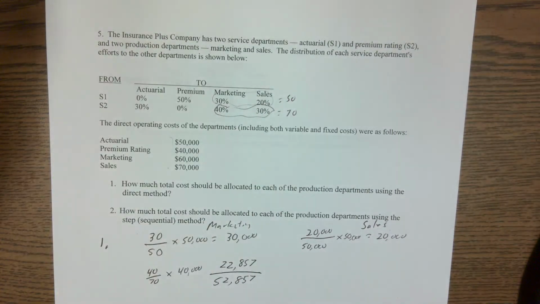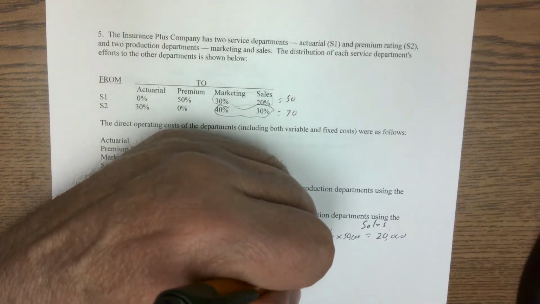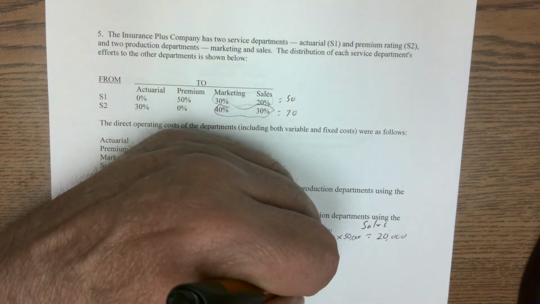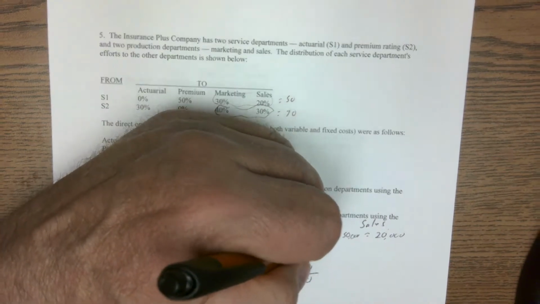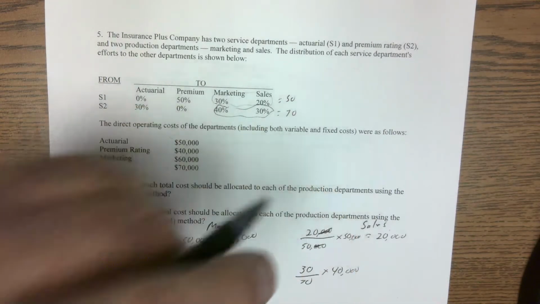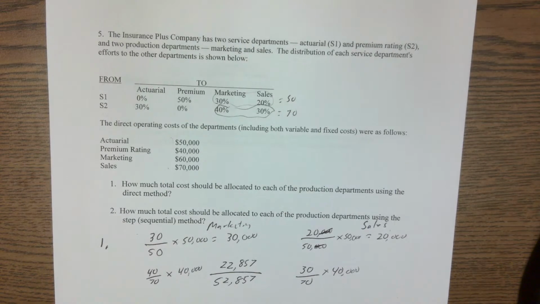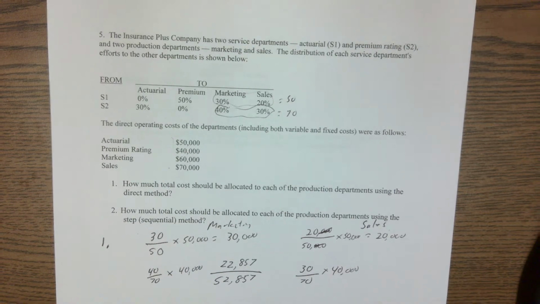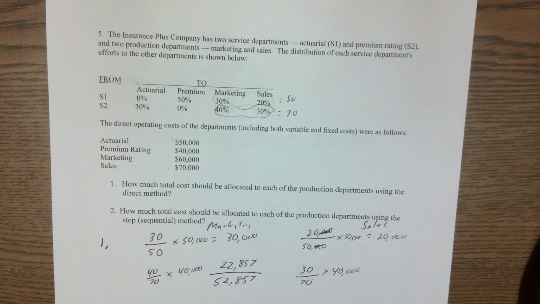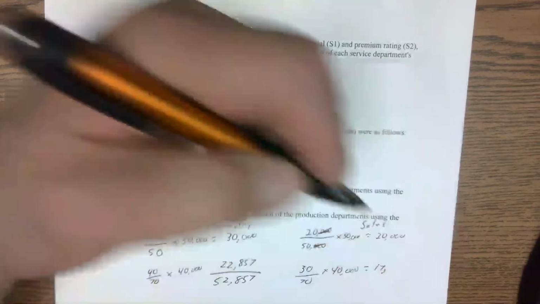So we've got 52,857 goes to the marketing department, and then we're going to have 30 divided by 70 times 40,000, which equals 17,143.